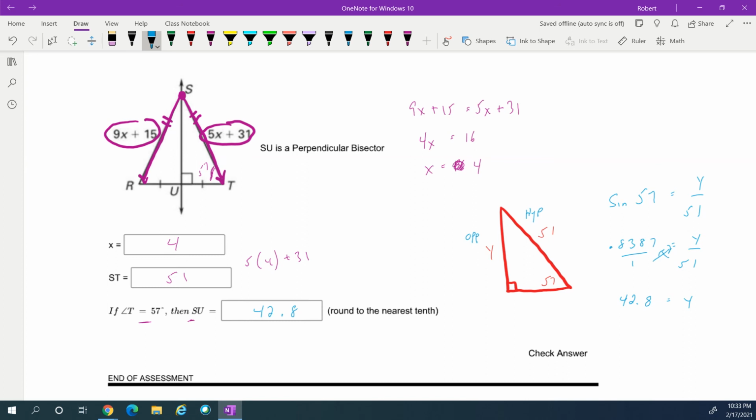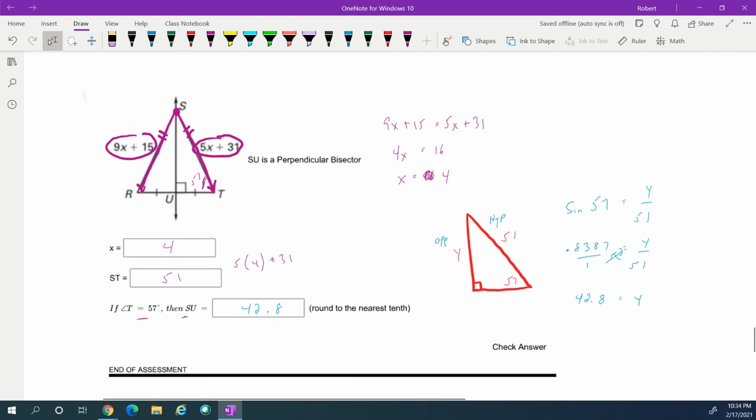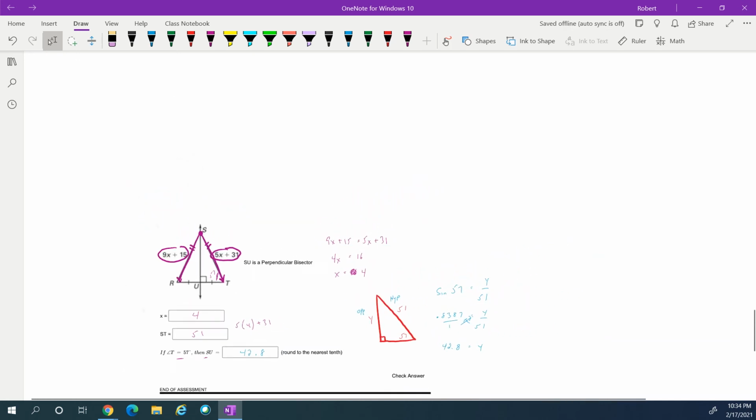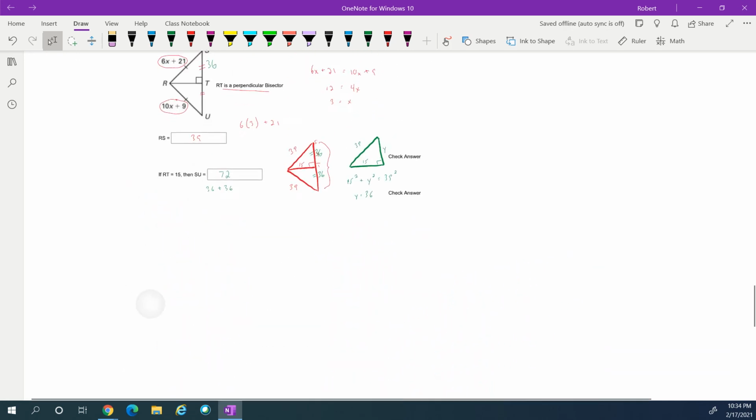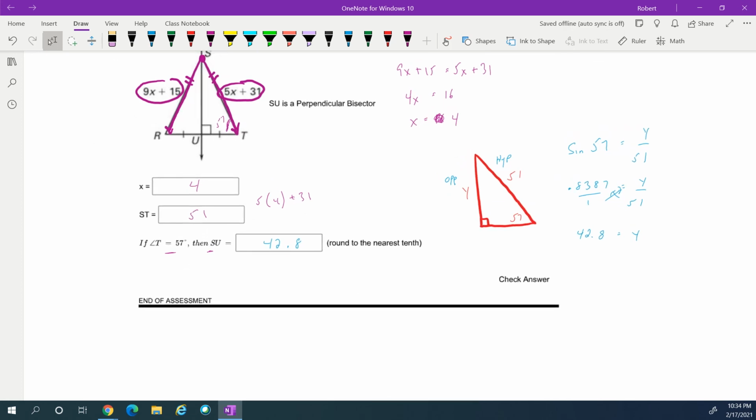Okay. For some people, you saw there was an extra piece after this that also said, what did it say? If RT equals 15 again. So if you had that extra piece that says if RT equals 15, that was a typo, that was a mistake.